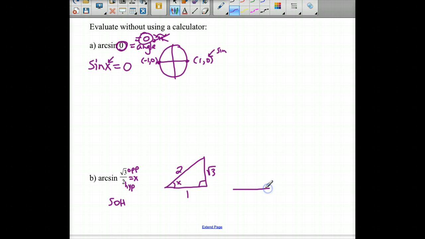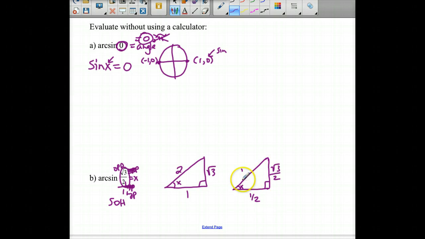Actually, what I like to do is think about it in my unit circle. So I always make sure my hypotenuse is 1. And if I'm going from this angle, opposite over hypotenuse, I wouldn't do this. I would do this whole thing is opposite and then over 1 for hypotenuse. So opposite and hypotenuse, so I know that's going to be 1/2. So in my triangle, this is the longer side, this is the shorter side.